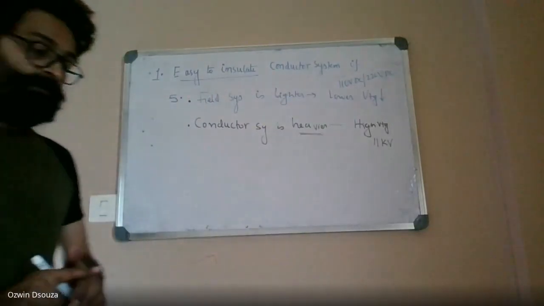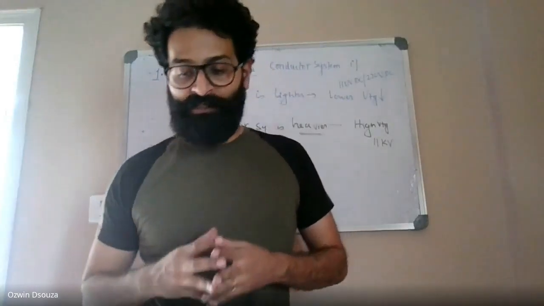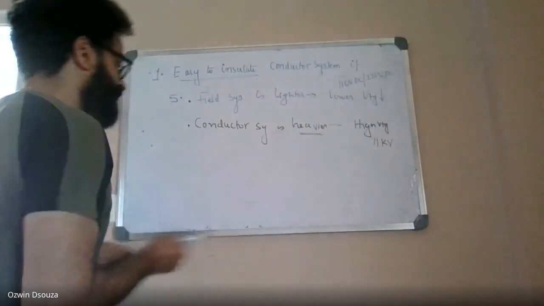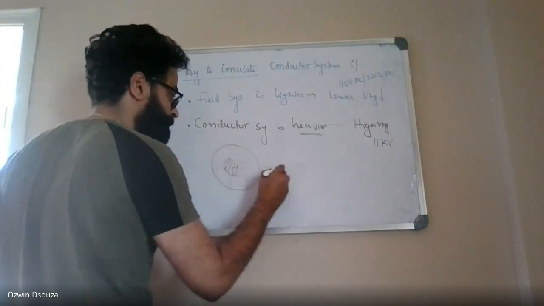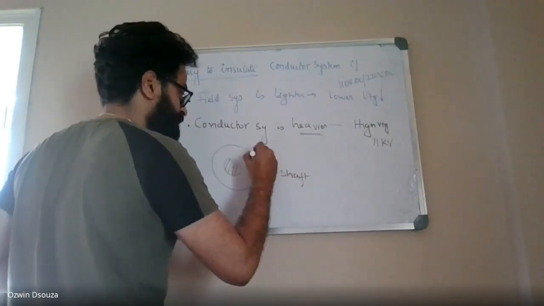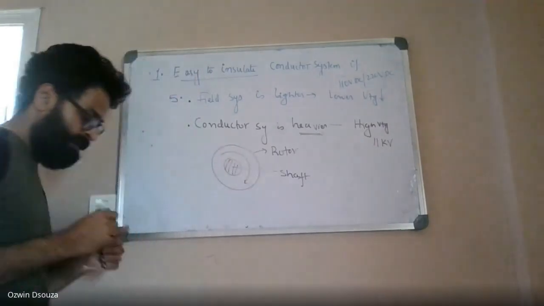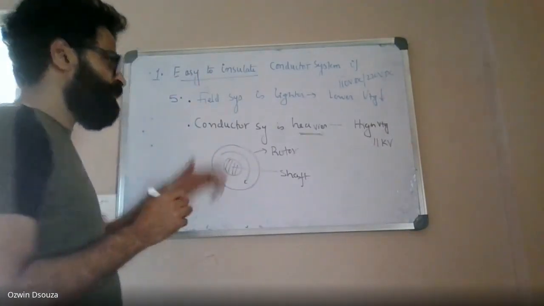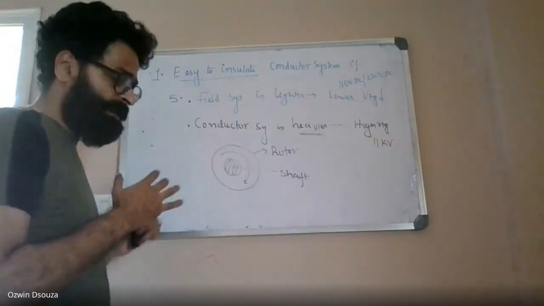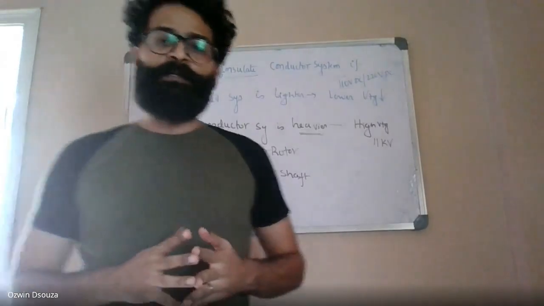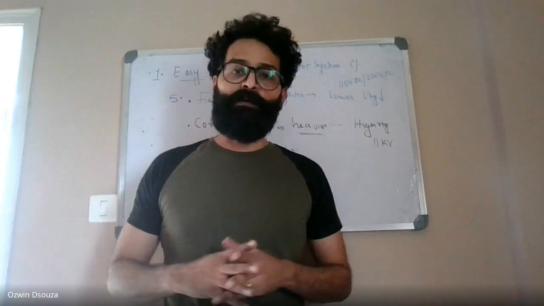What would have happened if you had placed a heavier system onto the rotor side? The rotor is rotating in nature, right? So this is your shaft, and this is your rotor. As the rotor keeps on rotating, if you had placed this conductor system onto the rotor side, the conductor system would have experienced a large amount of centrifugal force, right?